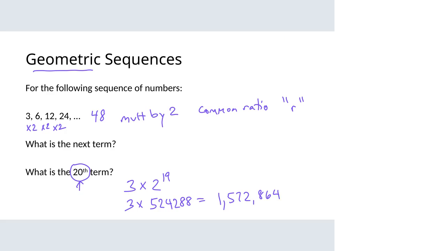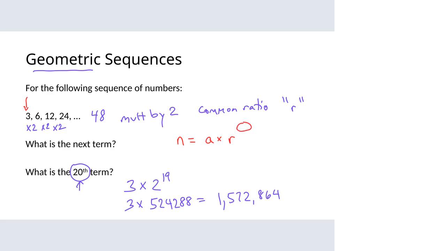You probably know where this is headed. We are going to come up with a way to write a formula for a geometric sequence. It's still going to have n. It's still going to have a. a is still the number where we start. But this time we're going to multiply by the common ratio. And then here's a really important question.